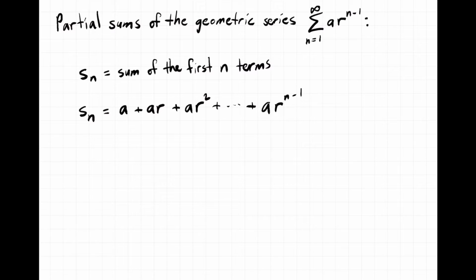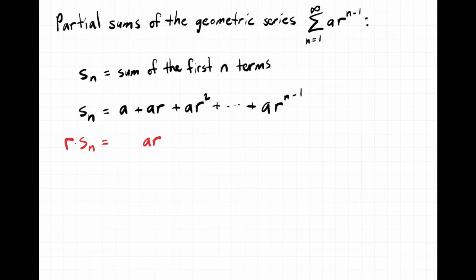So let's try that. So r times Sn, what's that going to be? Well, it's going to be r times each of the terms in this sum. So r times a is ar. Now, I could write that right here, but I want to write ar lined up with the previous ar.